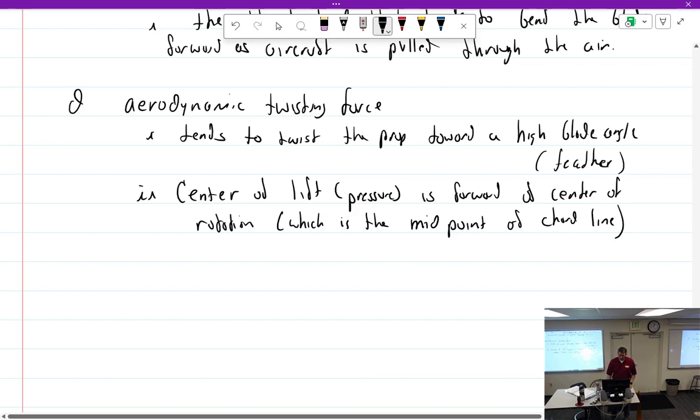So because of the way the aerodynamic forces go over the blade as it's spinning, it wants to twist it towards feather. That's all you need to know.